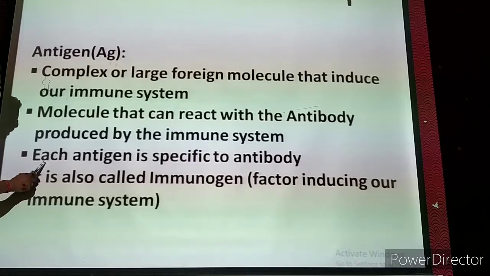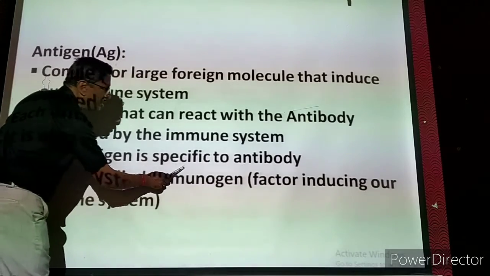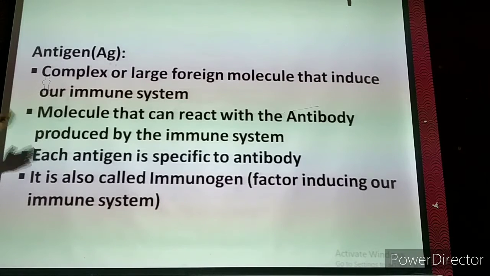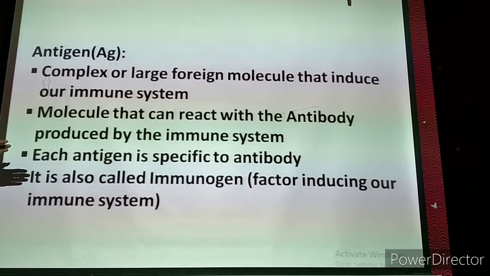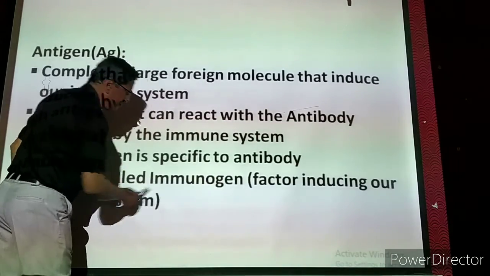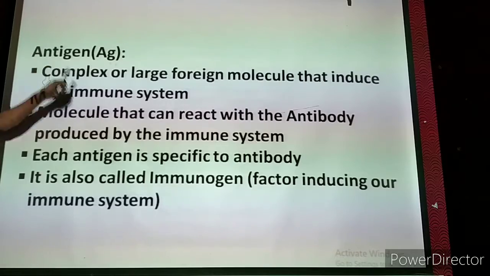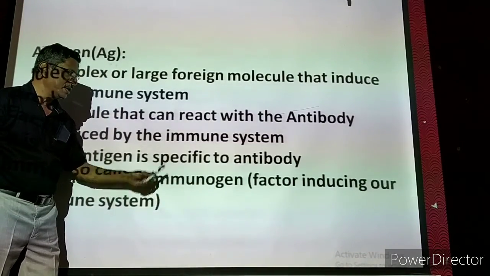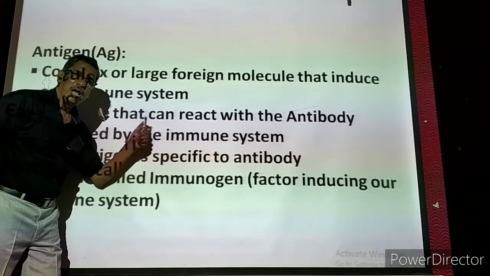Third point, each antigen is specific to an antibody. This we have already studied. If one antigen is there, one specific antibody will be there. Only they can react. They will never react with others. It is also called immunogen. See that term: the antigen is also called immunogen. Why are we calling it immunogen? It is stimulating our immune system.